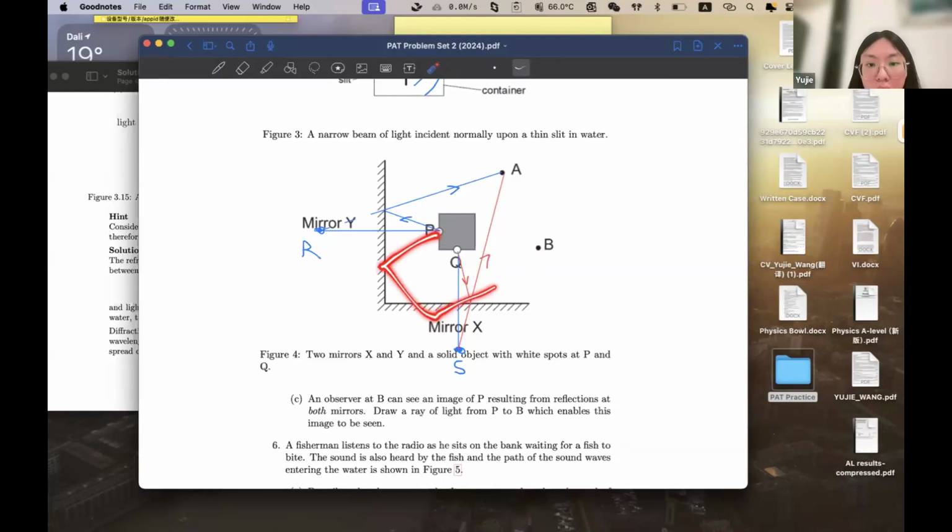Like this way. But to draw it more clearly and more accurately, of course, we need the position of the reflected image.